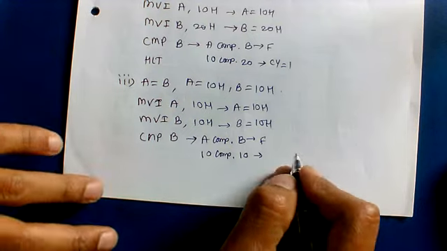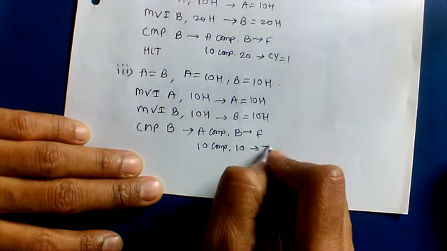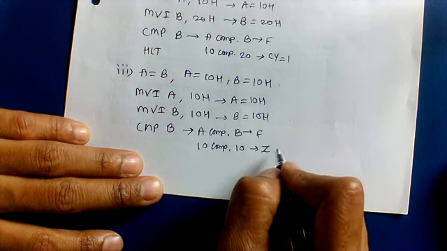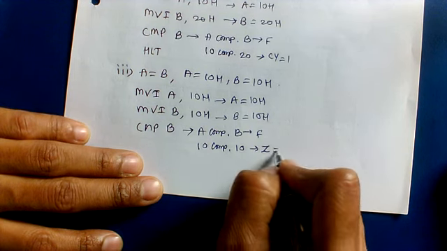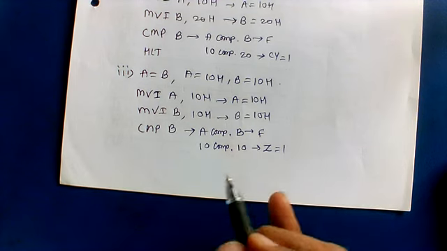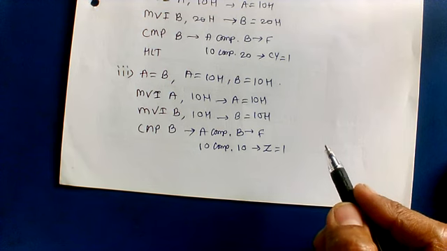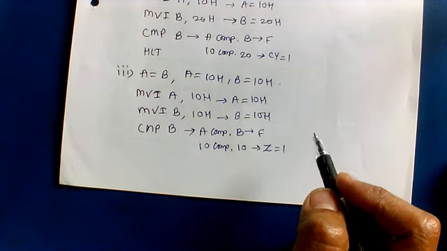So here you have to check specifically the zero flag bit. So here you will get zero flag equal to 1. Why 1? As I said, the comparison operation is performed by using the subtraction technique.